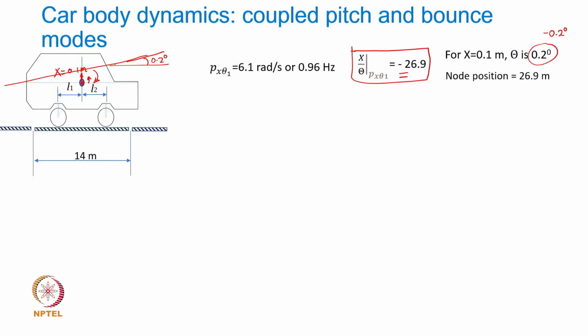Okay, if you increase the displacement, let's say to 0.2 meters, you will have the same angle. But what we should be now trying to figure out is the position where this line, which represents the orientation of the body, would meet this mean position line, the horizontal one.